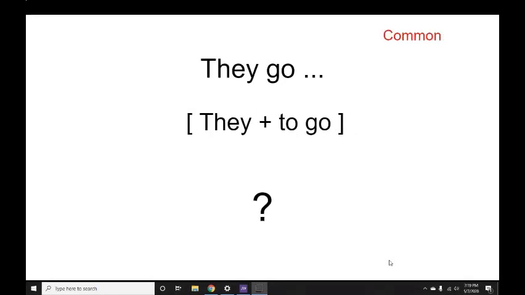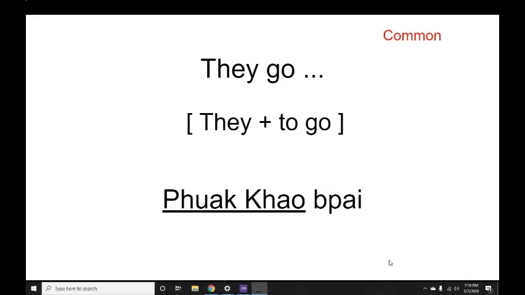How about they go, using puak. They go. Remember the word for they? Puak kao bai. Okay? And again, puak kao, not puak hao like we go, puak kao. So you have to pronounce all of those K's in there. Puak kao. Okay?